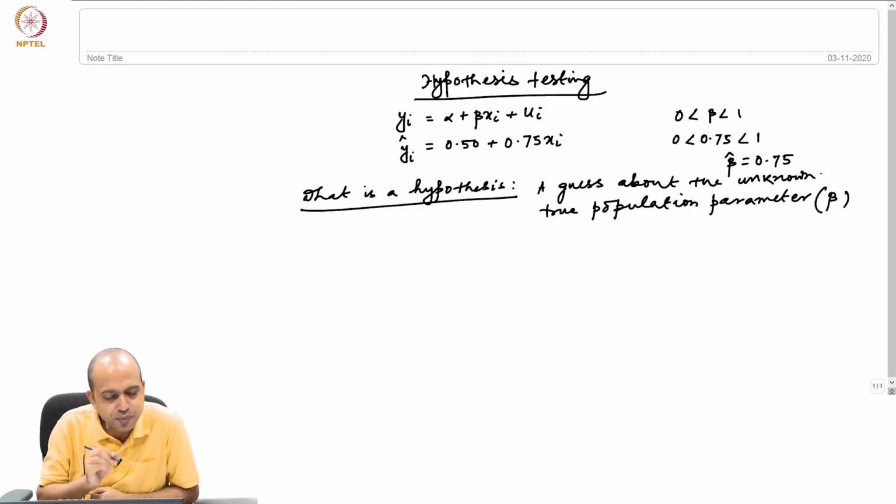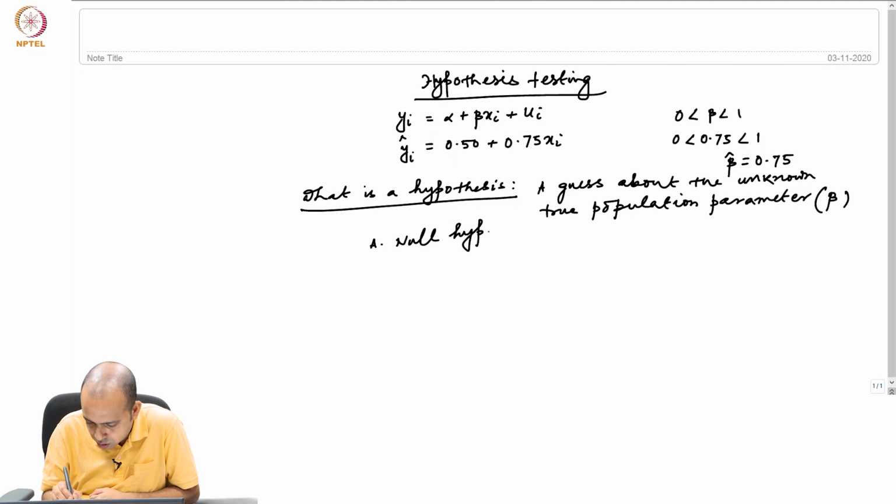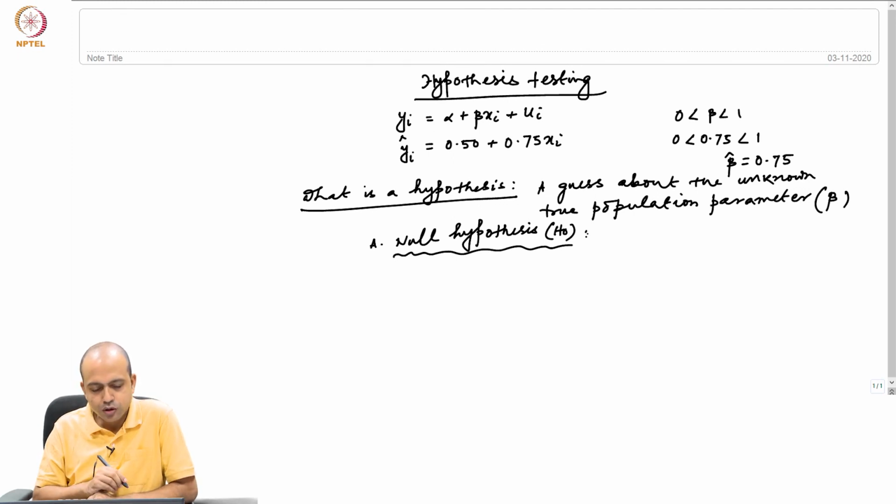Now, there are two types of hypothesis. One is called the null hypothesis, denoted by H naught. What is the null hypothesis?